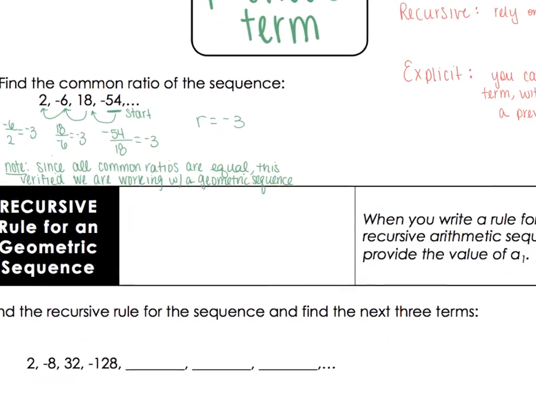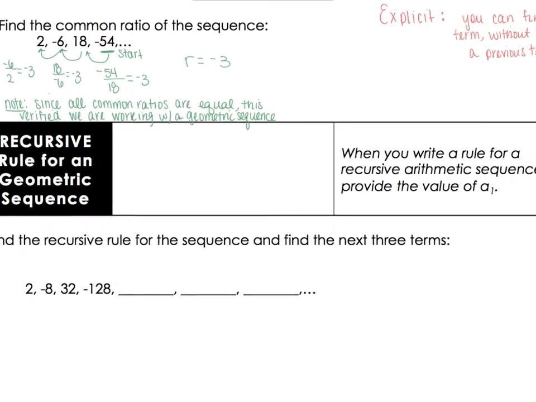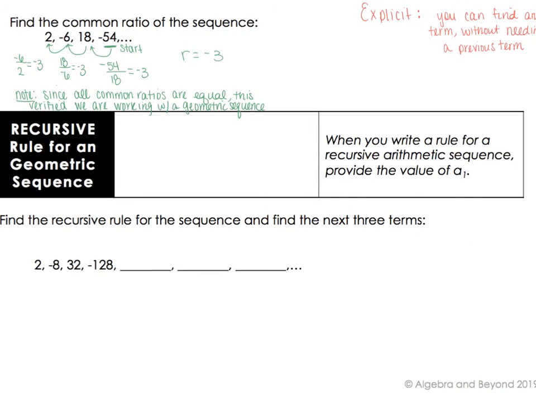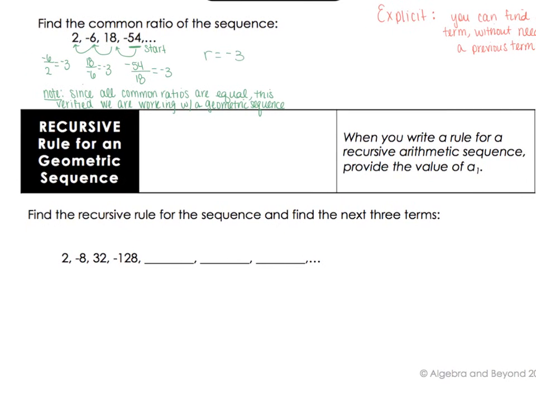When we're looking at our next area that we can fill in, it's telling us how to write a recursive rule for a geometric sequence. What we have to remember is that when you write a rule for a recursive sequence, arithmetic or geometric, you need to have your initial value. So you need to have your a sub 1.